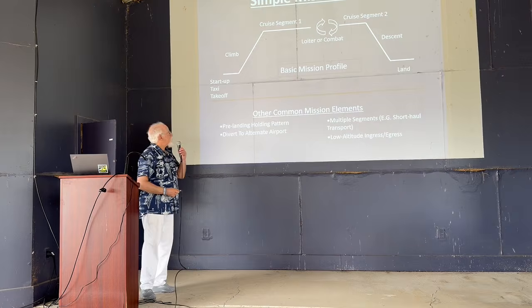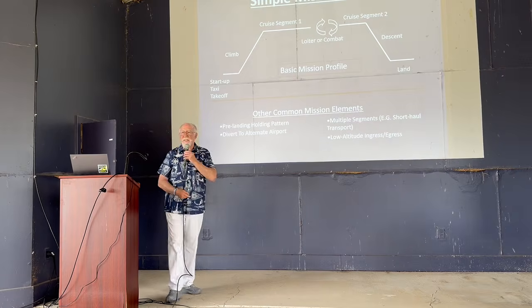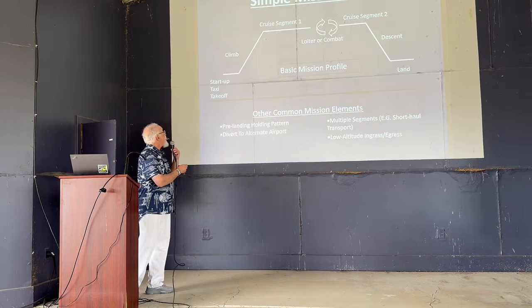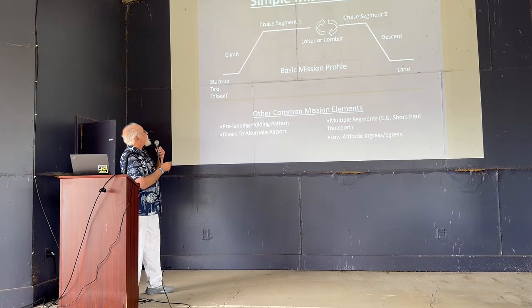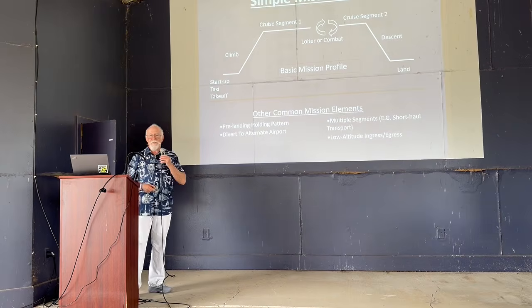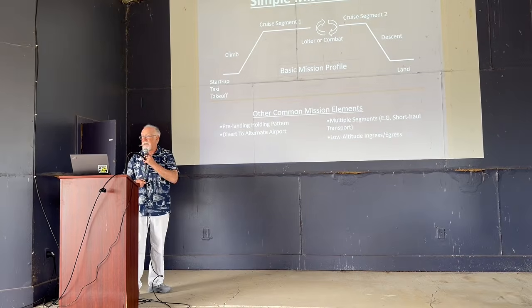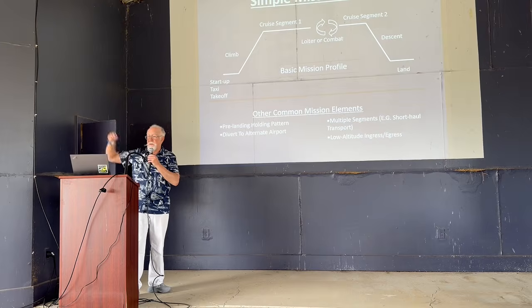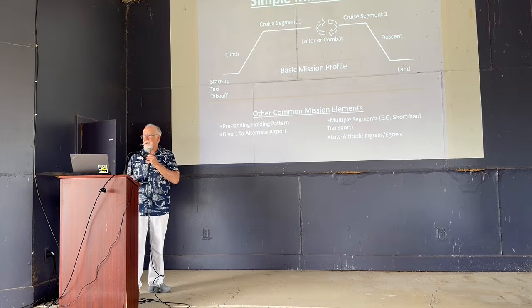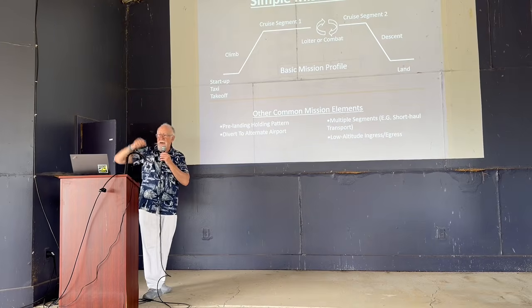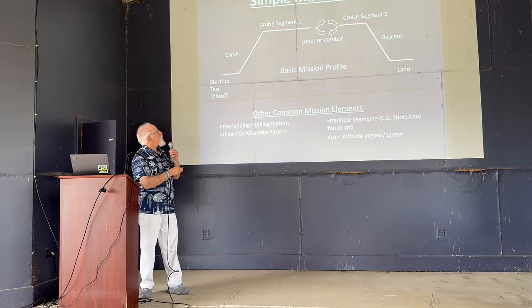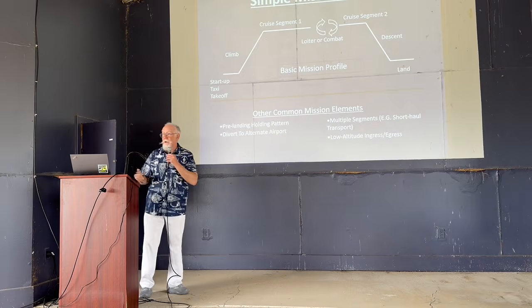So then we start with what's a basic mission profile. And this is the simplest sort of mission profile, which is taxi, start up, climb to altitude, cruise out, do something. Sometimes there's a segment in the middle there. If it's a military airplane, it's either combat, drop the payload, or if it's a sensor platform, hang out. Cruise segment 2, descend and land somewhere.